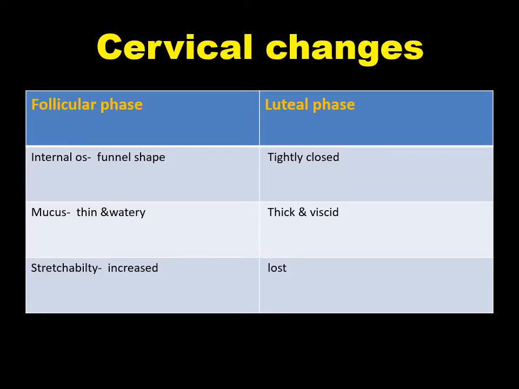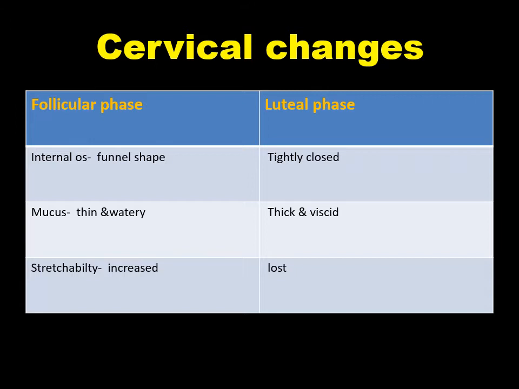There are also cervical changes in the follicular phase under the effect of estrogen. The internal os will be funnel shaped and the cervical mucus will be thin and watery with increased stretchability, and this is to allow the sperm to pass through, because every cycle will prepare the uterus for a potential pregnancy.